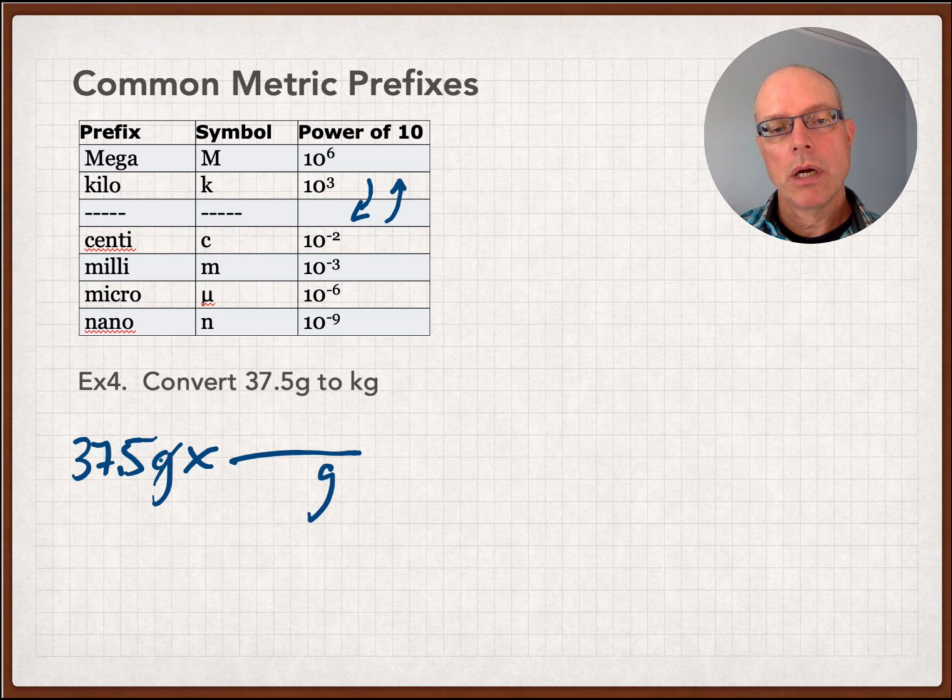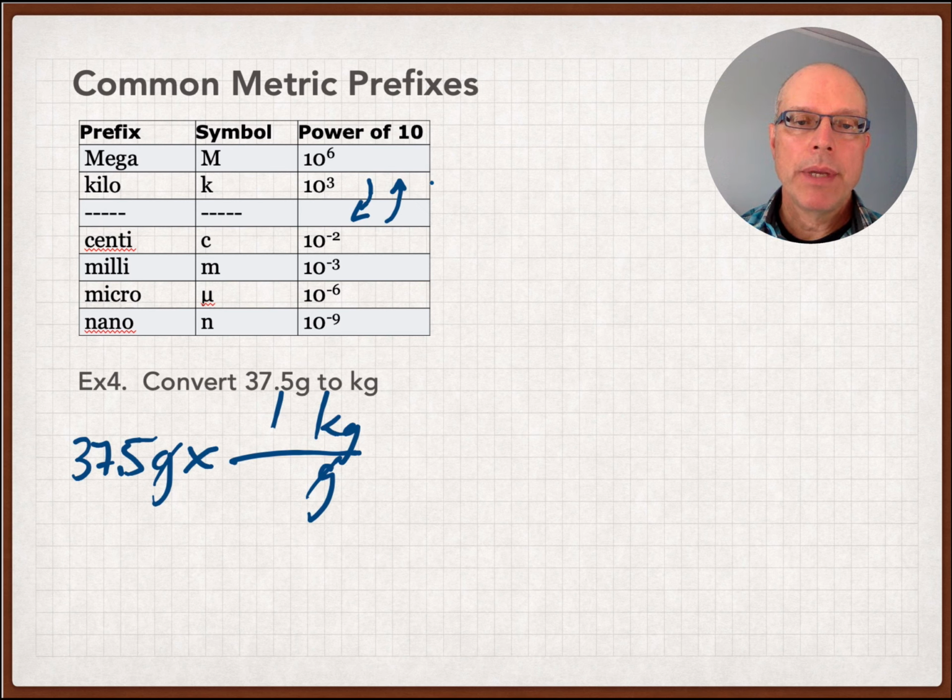So I'll put grams here to get rid of it. I'll put kgs up here because it's what I want to land on. That was all pretty automatic. Now the thinking part. Which one's bigger? A kilo or a gram? A kilo anything is bigger than a regular thing because it's higher on the table. So that's the number that gets the number 1. 1 kilogram equals a lot of the little ones.